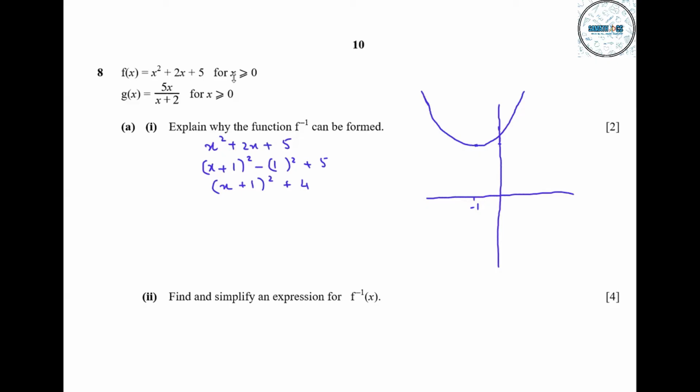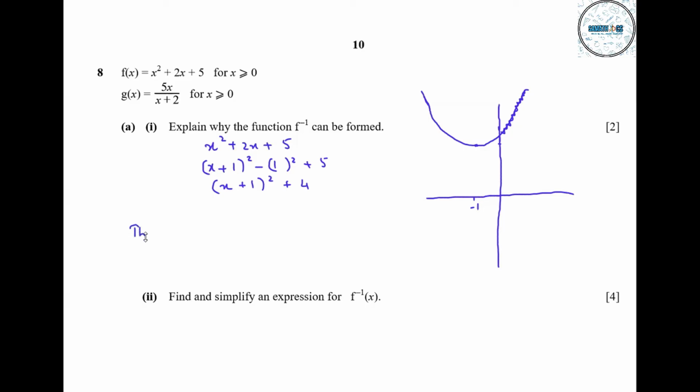The domain is given x is greater than or equal to 0. It means that this part of the curve is to be considered. For these values of x, the function is one-to-one function. If the function is one-to-one function, then f inverse can be formed.